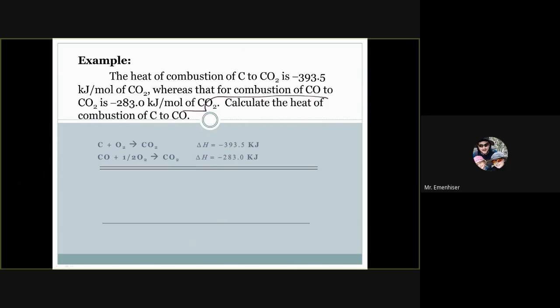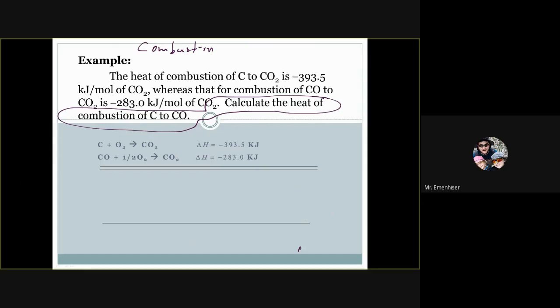We want to know the heat of combustion, which is a combustion reaction. So it's the enthalpy for this reaction, but we can call it the heat of combustion if it's a combustion reaction. All right. So a combustion reaction is where we have something, we add O2, right?